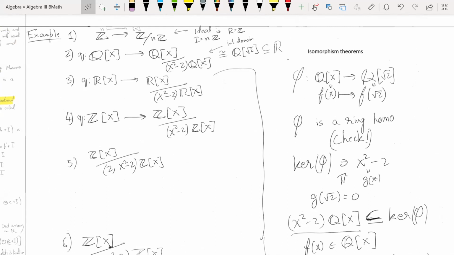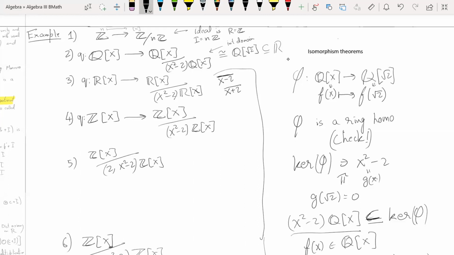So number 2: you quotiented out by this ideal generated by x squared minus 2, and you got an integral domain. But if you do the same thing in the third example, the target ring is indeed not an integral domain. So what is a zero divisor here? I'll use the bar notation. You can look at the images of the polynomial x minus 2 and the polynomial x plus 2.